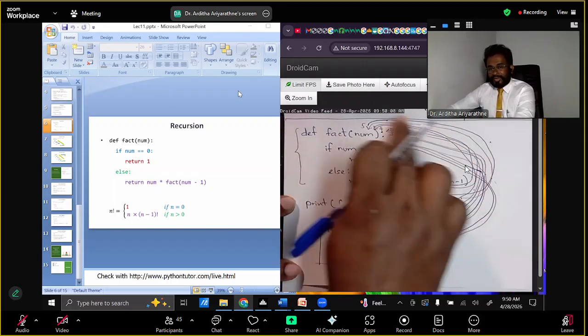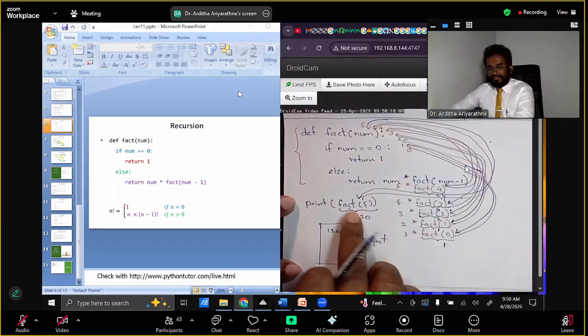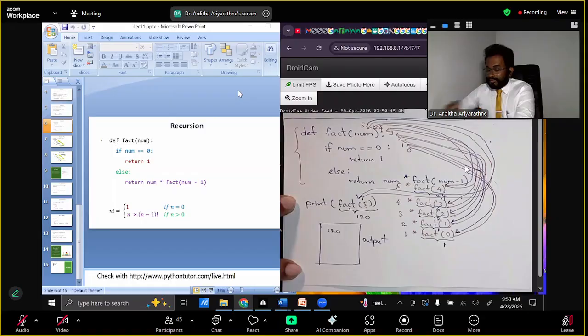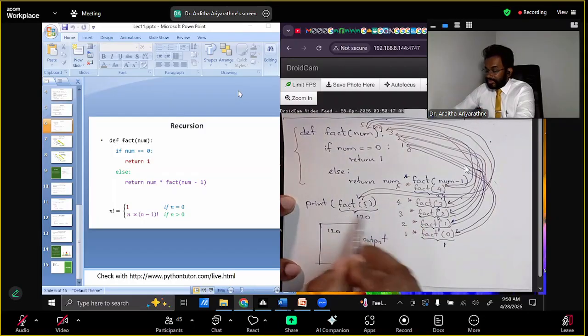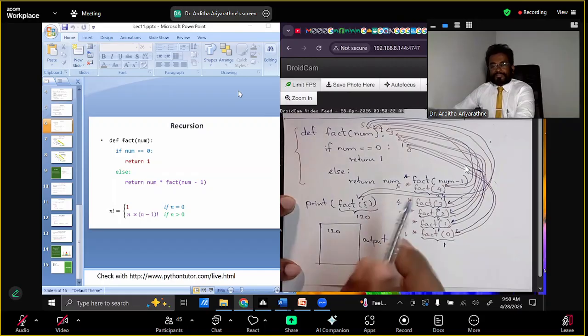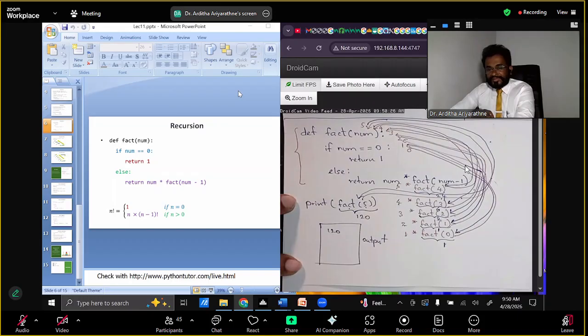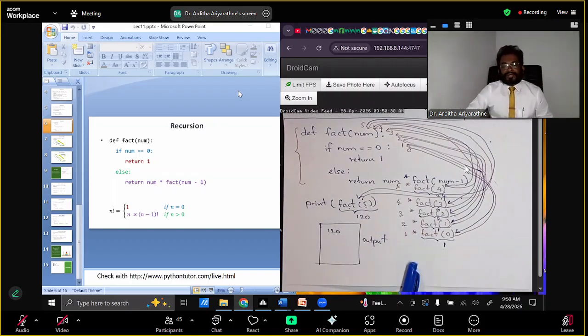Likewise, we are returning all the levels until we get the first call. Once we return to the first call, we got the answer for the final solution. So this is the way of calling recursion, the recursion method.